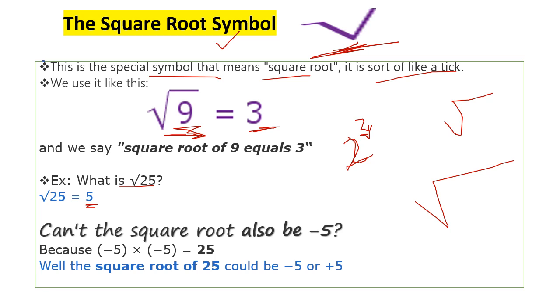Or I can say -5 also, but in this chapter we will be dealing with only positive values. Okay, can't the square root also be -5 for under root 25? So the answer will be yes, it can be, because the square root of 25 could be -5 or +5, because -5 into -5 is equal to 25.